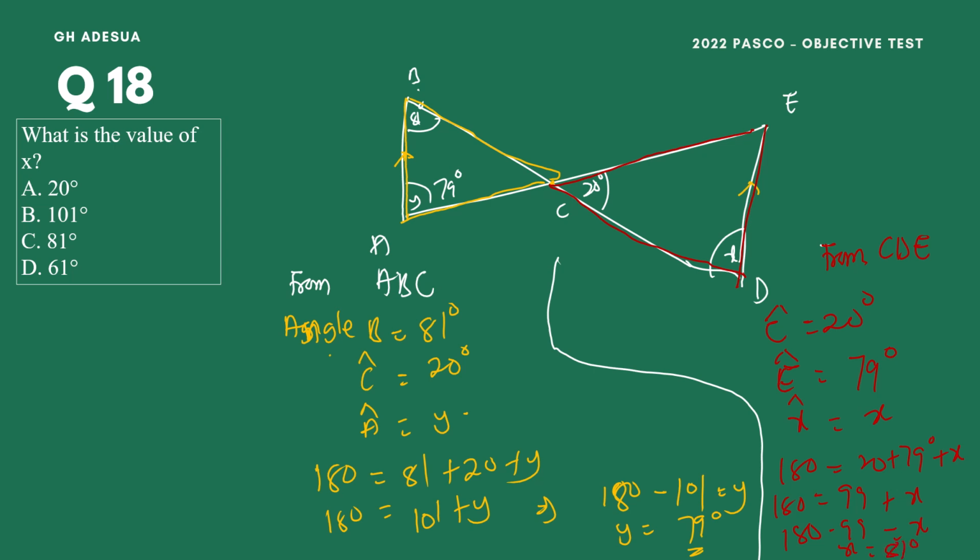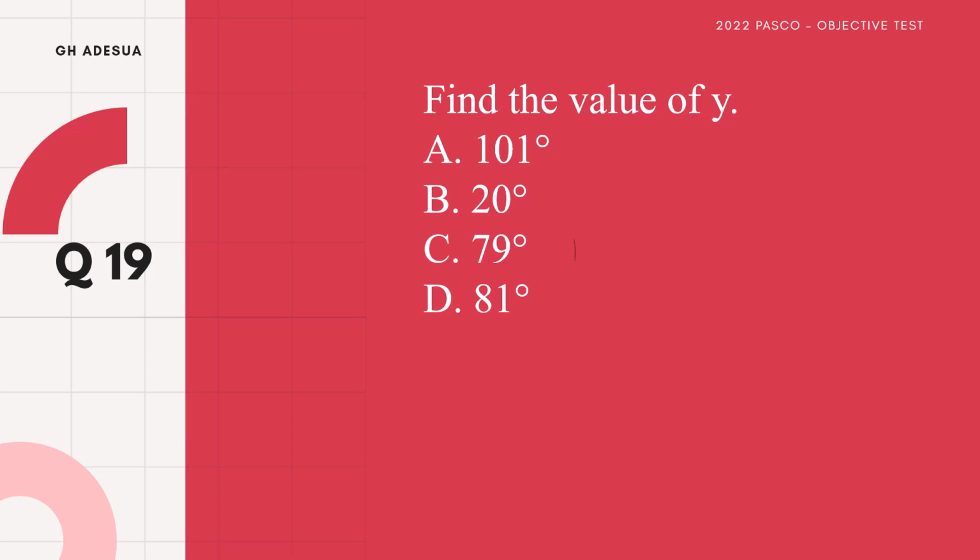So when we look at all this, our answers, we got Y to be 79 degrees and X to be 81. So from our first question, what was the value of x? That's our C. When we move on to the next one, which is find the value of y.